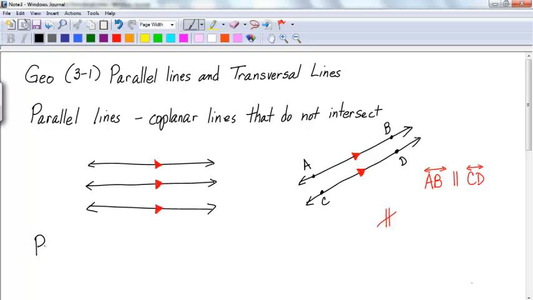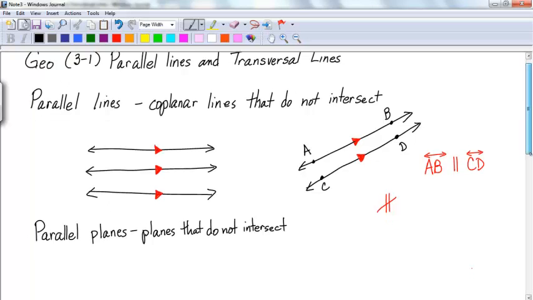That's parallel lines. The author also talks about parallel planes. Parallel planes are planes that do not intersect. Example, the plane of our floor and the plane of the ceiling. Those two planes are parallel. You hope that they're parallel. Like the front wall and the back wall would be examples of two planes that do not intersect.